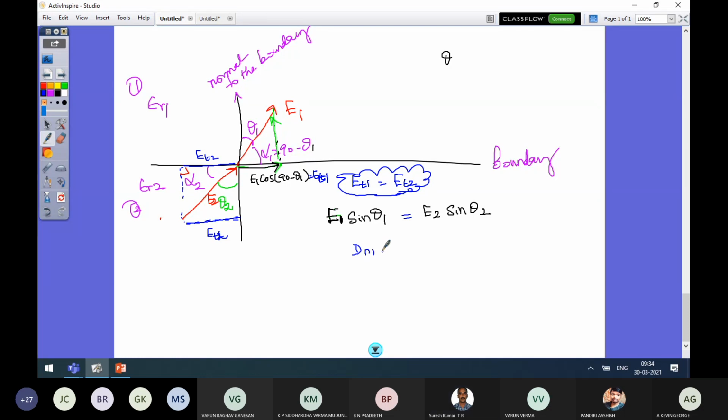Dn1 equal to Dn2. Assume there are no charges available at the boundary, then you can take Dn1 equal to Dn2. So in this case, that's the normal component, right? Assume that instead of E, now consider it as D. I don't want to draw a separate picture, but if you want, I can. This is D1 and this is theta.